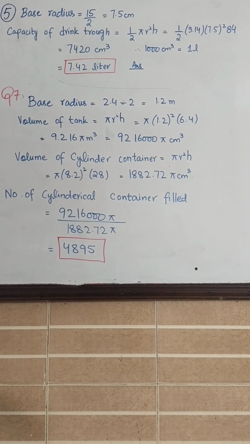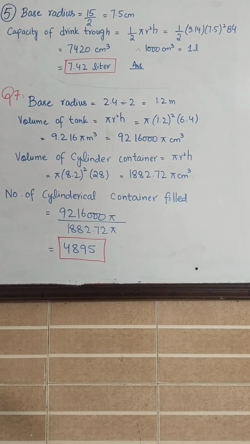The next question, number 8, is given, and in question number 8 you can see there are two diameters. One is the internal diameter and one is the external diameter. So you have to find both the volumes using the internal and external diameters, and you have to subtract both the volumes, so you will get the answer.